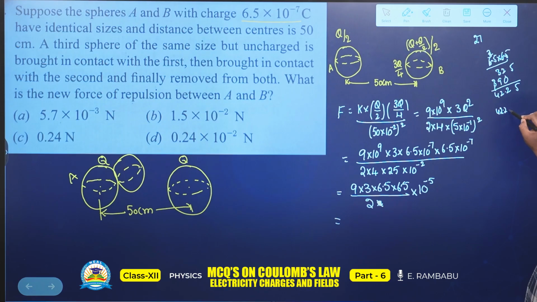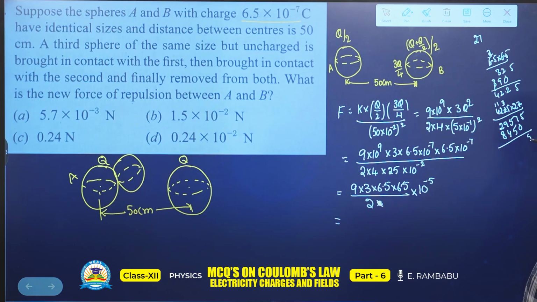multiplied with 27. 7 5s are 35, 7 2s are 14 plus 3 is 17, 7 2s are 14 plus 1 is 15, 7 4s are 28, 29. Again 2 can be multiplied, 2 5s are 10, 2 2s are 4 and 1 is 5, and 2 4s are 8.